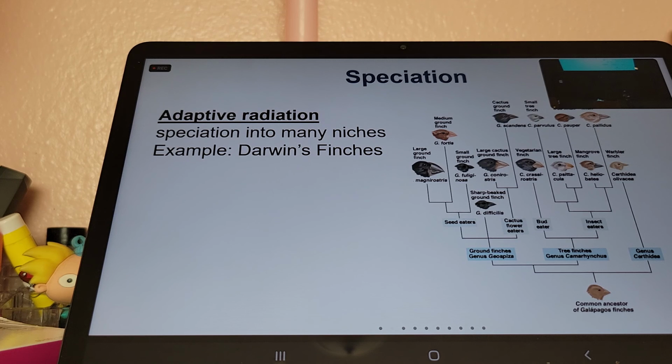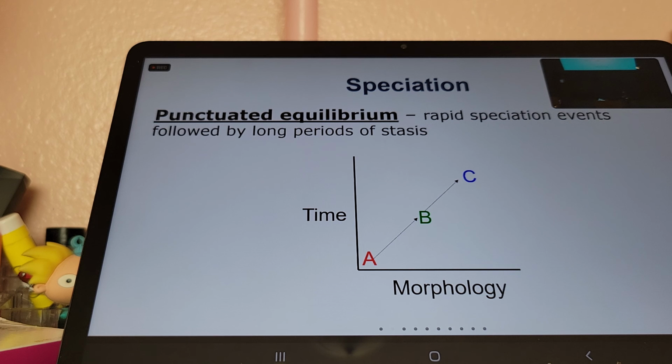So the mode and tempo of evolution is not simply linear. It can occur in different ways. Now, we also have the idea that evolution may not always be just a slow, ever so slow change from species A to species B. Maybe there's a different tempo, in a geological sense, a different temporal pattern to the way evolution occurs.